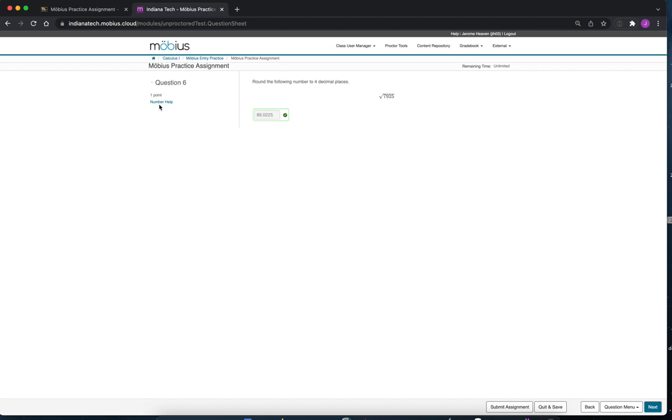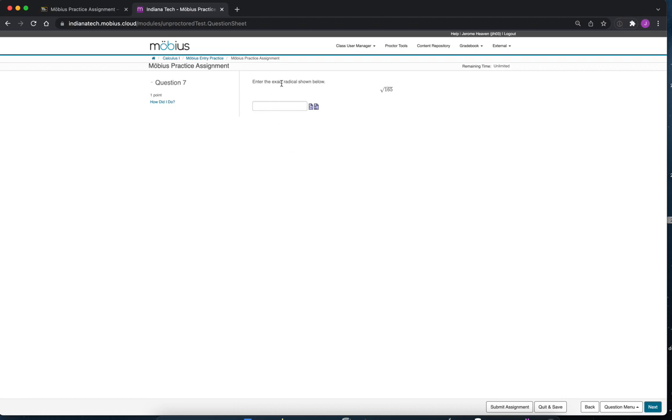Now, I'm not going to say much about the number help thing. It just really talks about the different ways you can enter numbers, sometimes in scientific notation. Sometimes if questions involve units, it gives you some hints there. But really, I just wanted to do an approximation entry. All right, so let's move on.